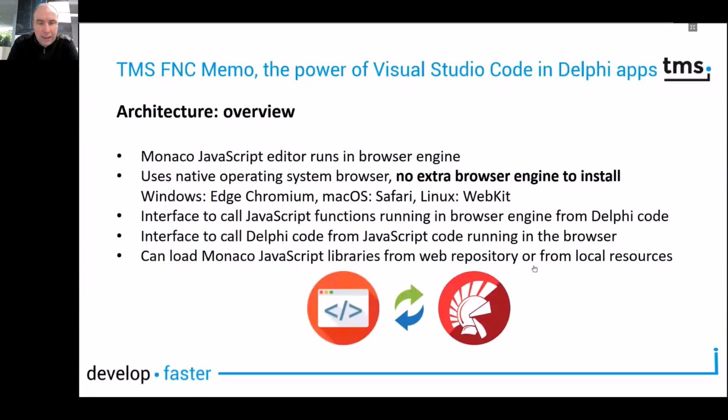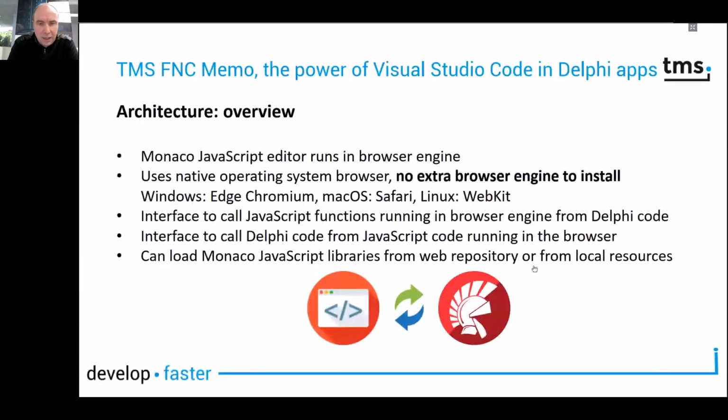And in the same way, it is possible from the JavaScript code to call into Delphi code. For example, an obvious example here is when from the JavaScript code you want to trigger a Delphi event of the component. So that's basically the technique underlying used to expose this Visual Studio Code editor for your native Delphi applications.